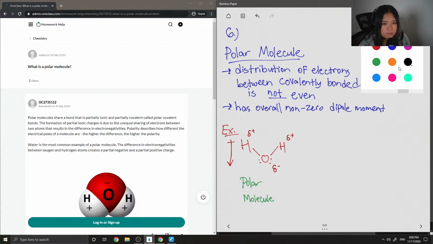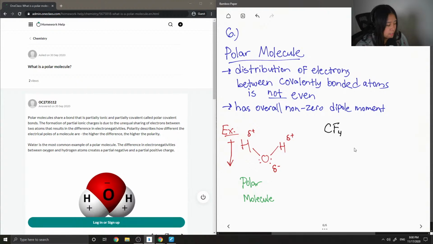But I'm also going to add another example. So let's say we had carbon tetrafluoride. If I were to draw out the structure, obviously fluorine is more electronegative than carbon.